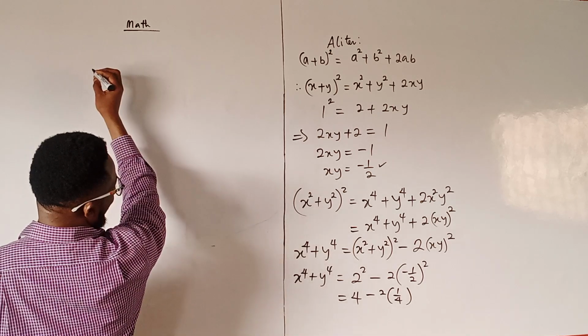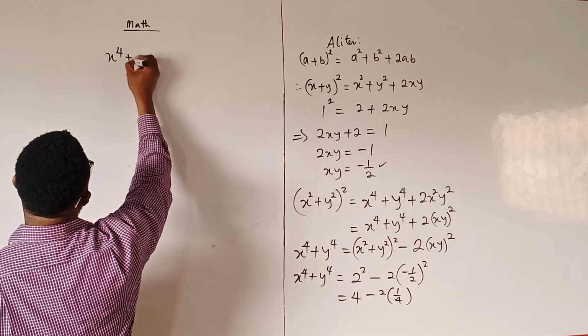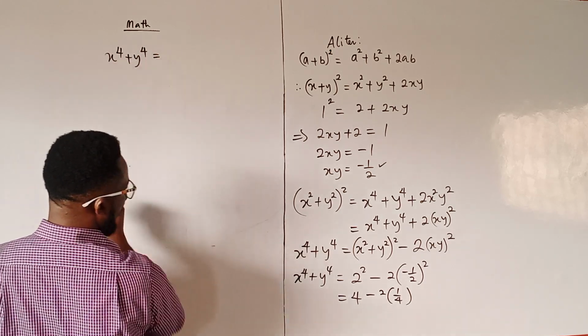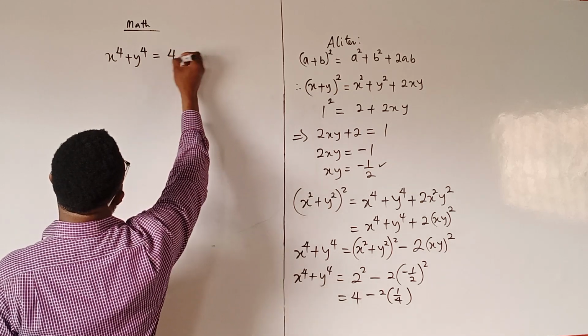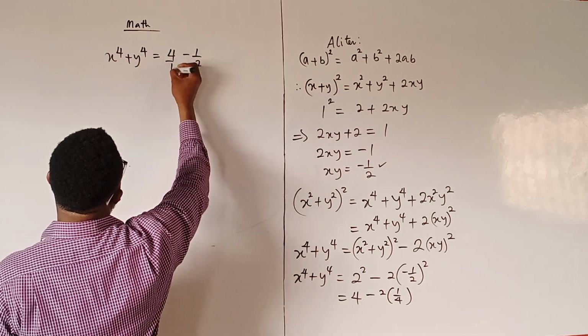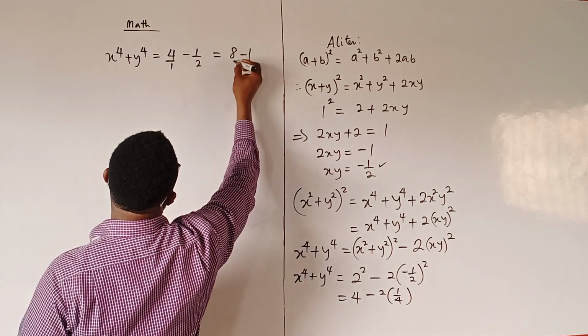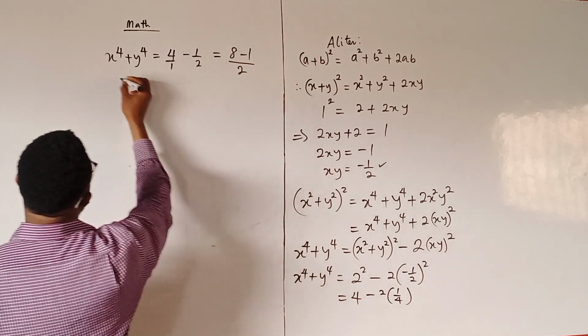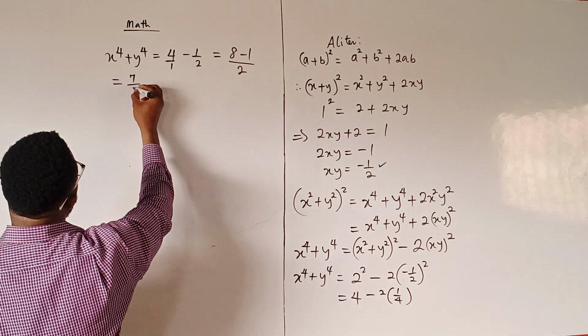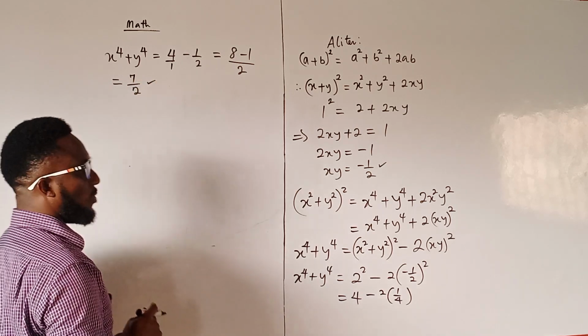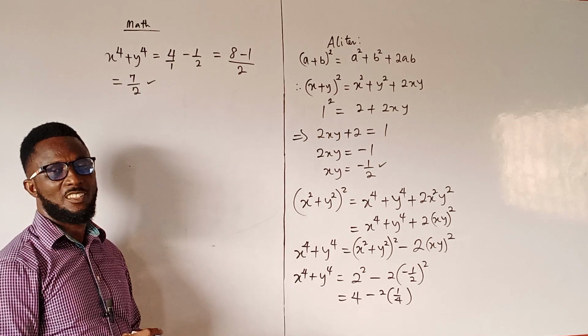We are going to be having s to the fourth plus y to the fourth equal to 4 minus half. We put this as a fraction: 8 minus 1 upon 2, and that will be 7 upon 2. So this is s to the fourth plus y to the fourth.